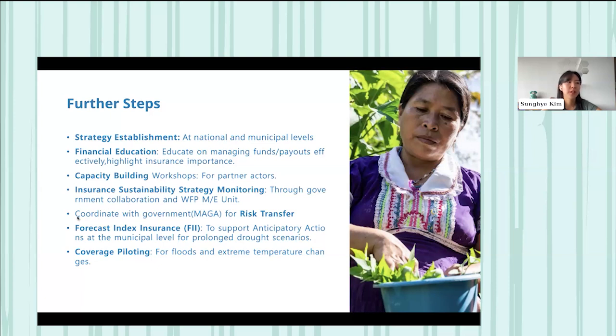And secondly, develop a short financial education training program focused on the correct usage of payouts during the payment process. This program should educate recipients on managing their funds effectively to maximize their benefits and ensure long-term financial stability.